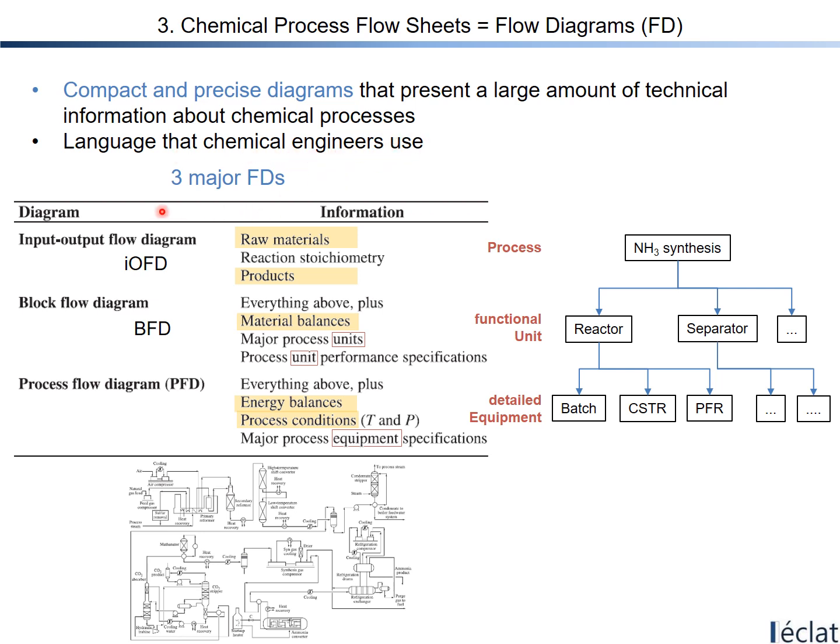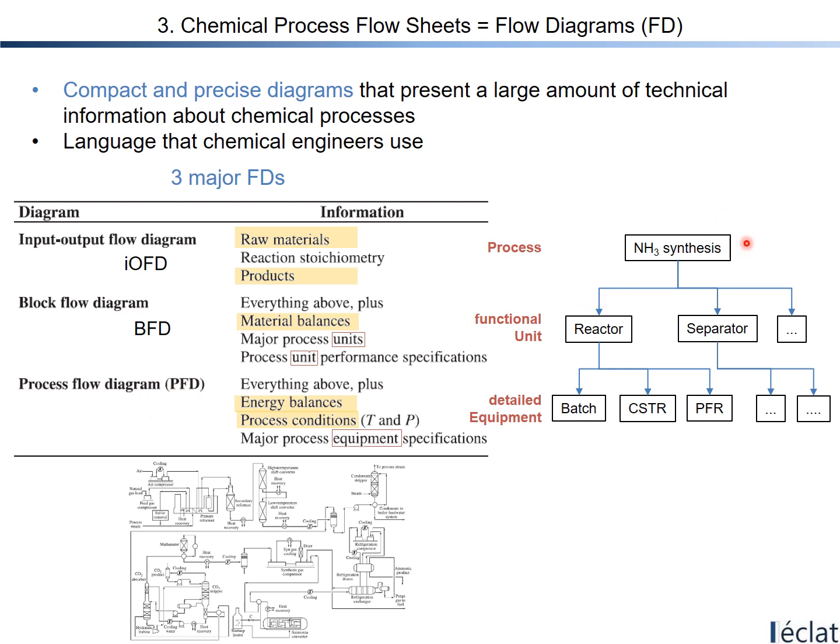Here are 3 major flow diagrams. The first one is IOFD, input-output flow diagram. The second one is block flow diagram, shortly BFD. And the third one, the most complicated one, is process flow diagram, shortly PFD.